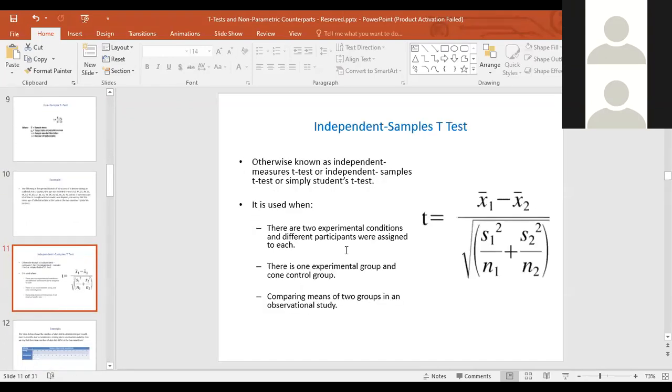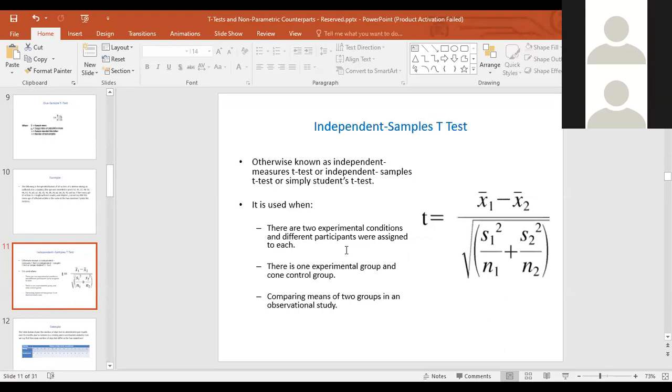So for independent groups, there are 2 experimental conditions that different participants were assigned to. It is not necessarily an experimental condition. It is used when there is 1 experimental group and 1 control group, or when comparing means of groups in an observational study.